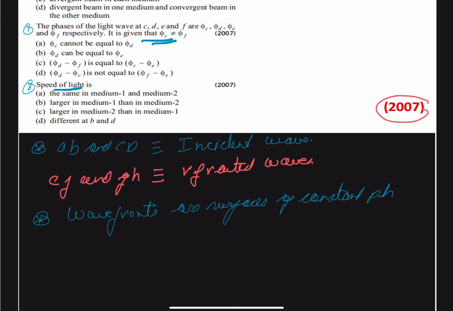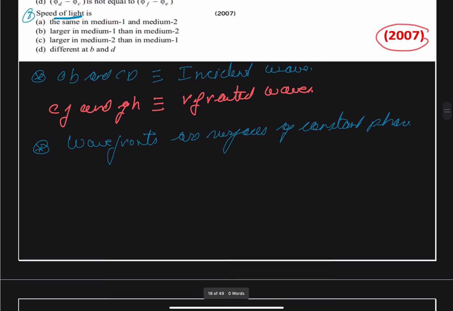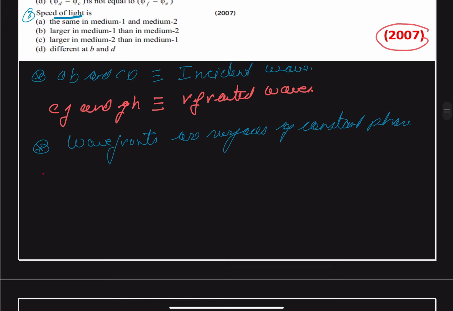And the second property is that the ray, or light path, is always perpendicular to the wavefront.